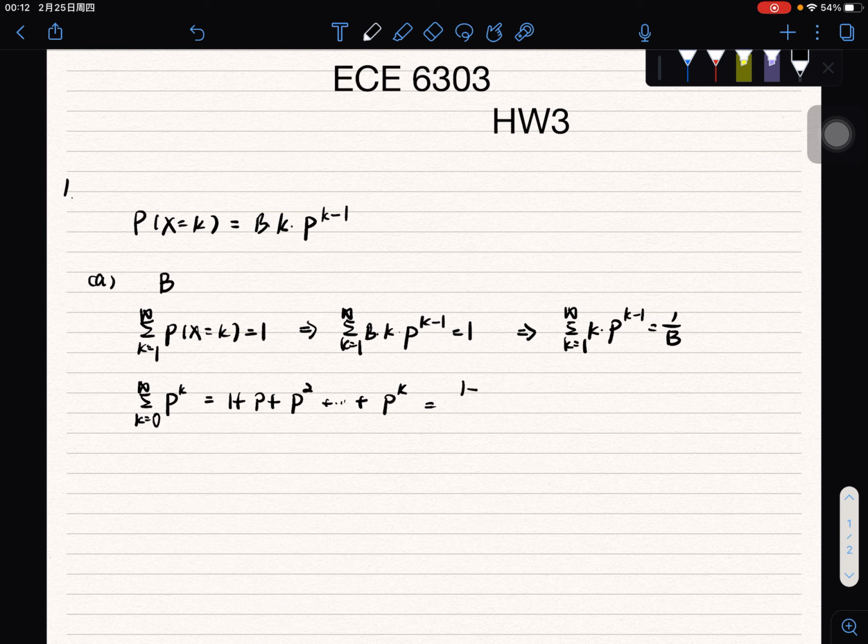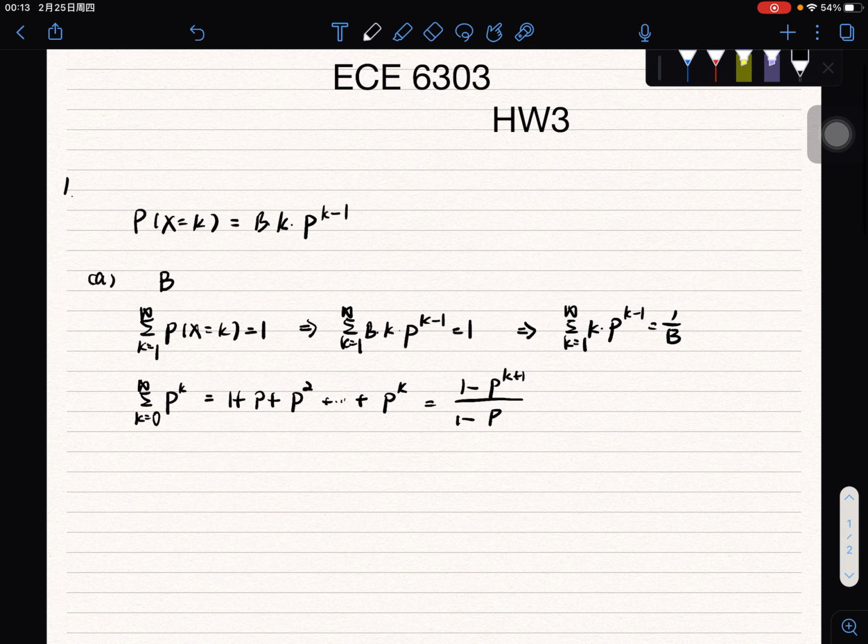It equals (1 minus p to the k plus 1) divided by (1 minus p). Because p is greater than 0 and less than 1, when k goes to infinity, the answer is 1 divided by 1 minus p.